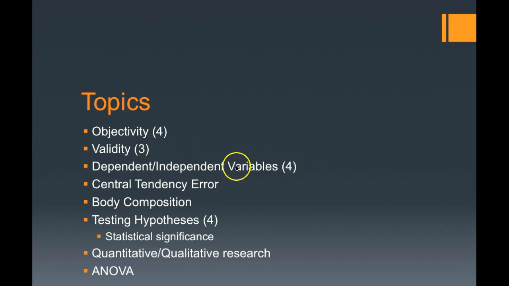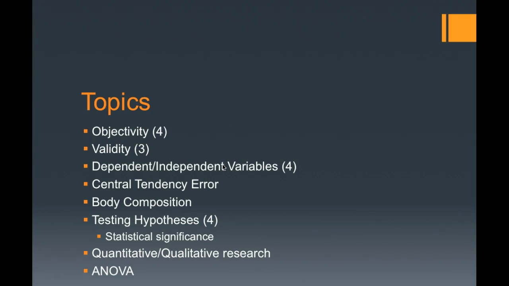The independent variables are the variables that we can manipulate. And when I say manipulate, I mean we can decide who gets this variable, who doesn't get this variable. We can change the time frame. Anything we want to do, we can manipulate, is done through the independent variables. In this case, that would be the training protocol, right?